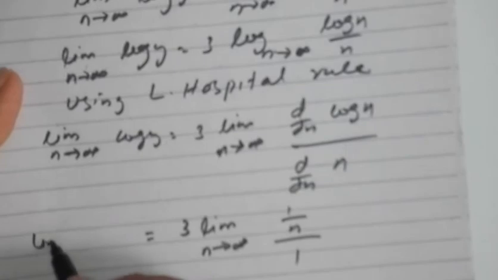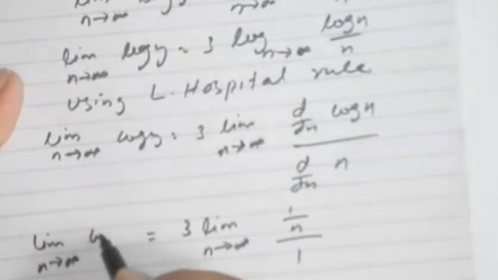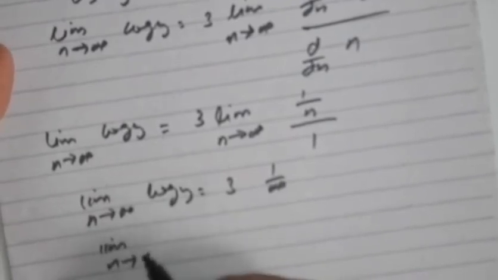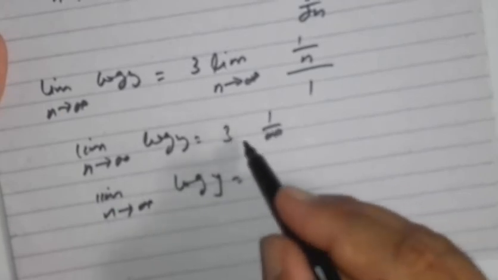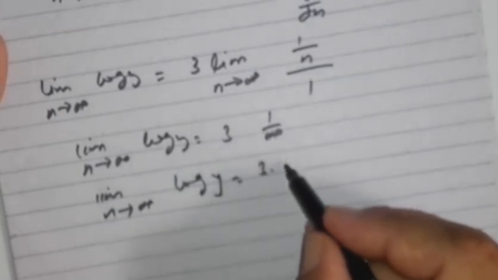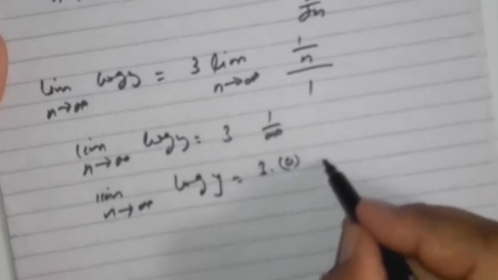Now put the limit here: limit n tends to infinity log y equals 3 times 1 over infinity. 3 into 1 over infinity is 0, which is equal to 0.